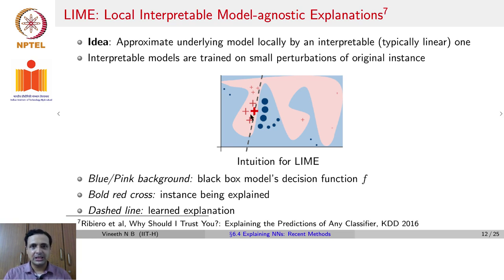And you notice that when you remove a certain portion, our model classifies it as positive, and when you remove another portion, our model classifies it as negative. And that's why you see these plus reds and these blue dots, which means those respective perturbations were classified by our model as belonging to class 1 or class 2.